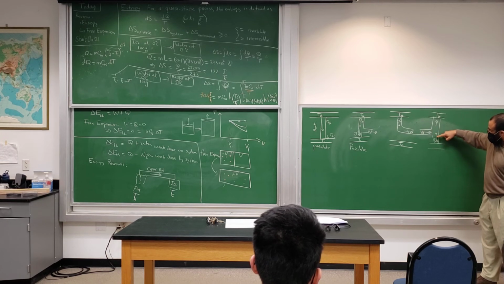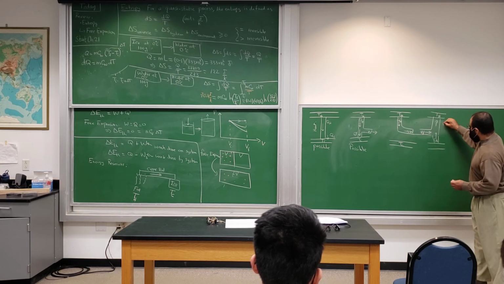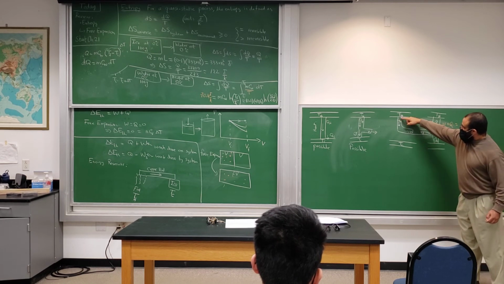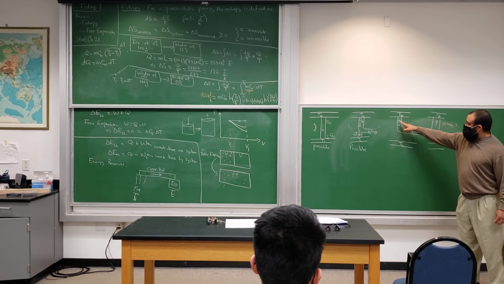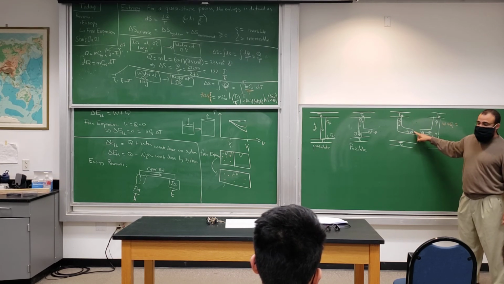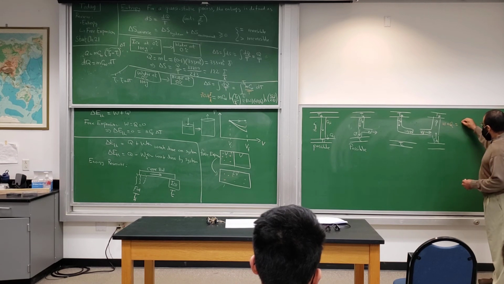Work is in, QC is in, so you have to throw W plus QC this way. But what is W? I'm using the whole heat, QH. So W is actually equal to QH. So this is equal to QH plus QC.